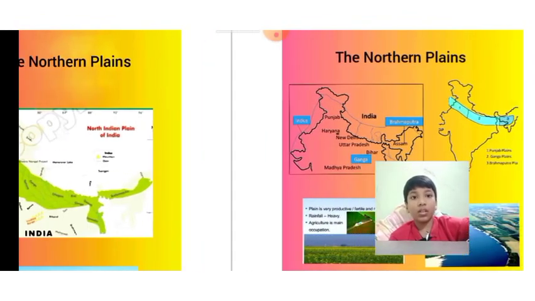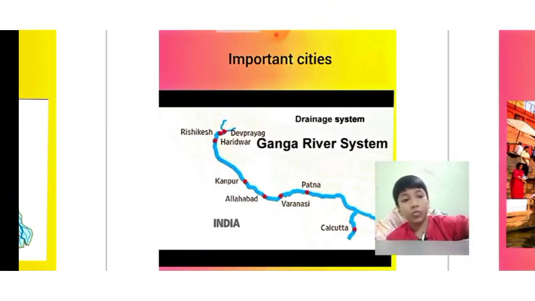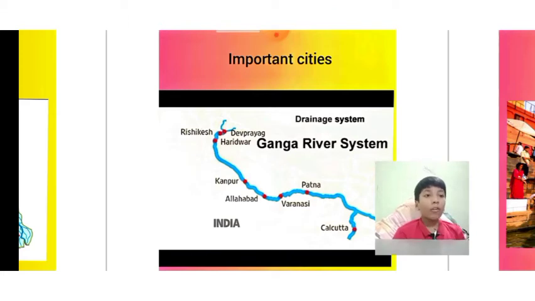It starts from the Himalayas, with the Gangotri Glacier as its main source, comes down swiftly and enters the plains at Haridwar, and comes down slowly and goes through Uttar Pradesh, Bihar, West Bengal, Bangladesh, and comes to the Bay of Bengal.